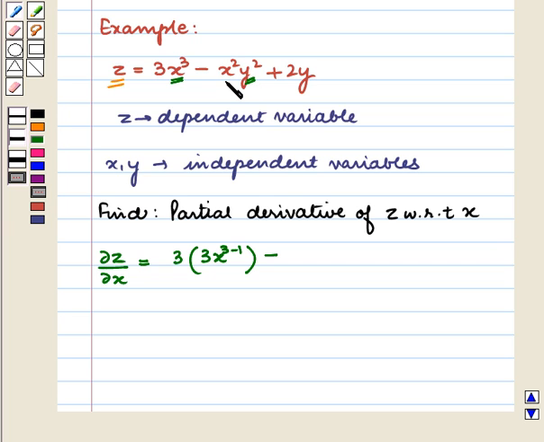So we only differentiate x square and we get 2x raised to power 2 minus 1 into y square plus, as y is constant, so its derivative will be 0. So plus 0. Hence partial derivative of z with respect to x will be equal to 9x square minus 2x y square.